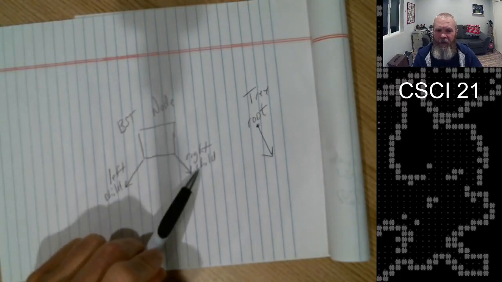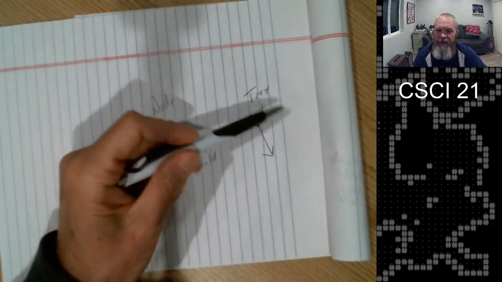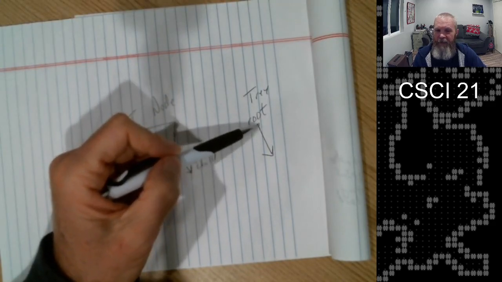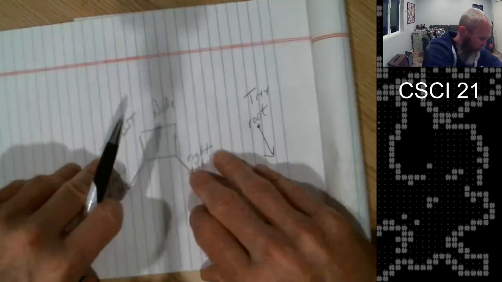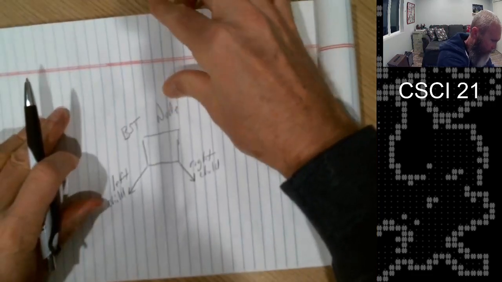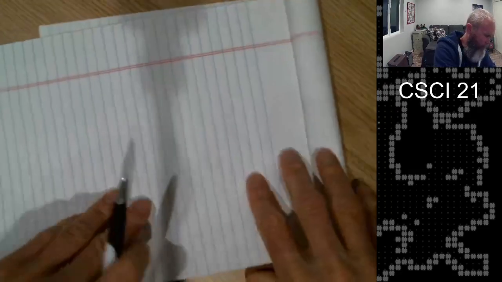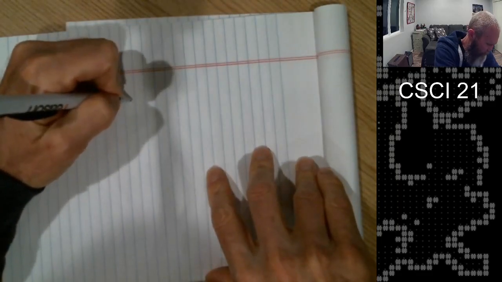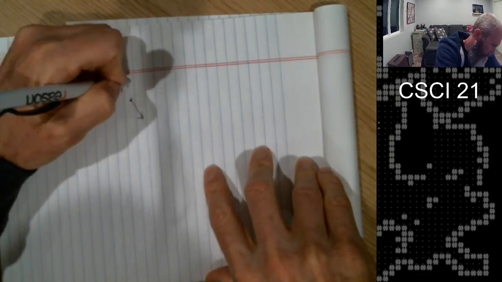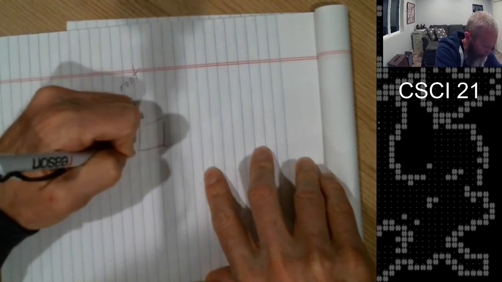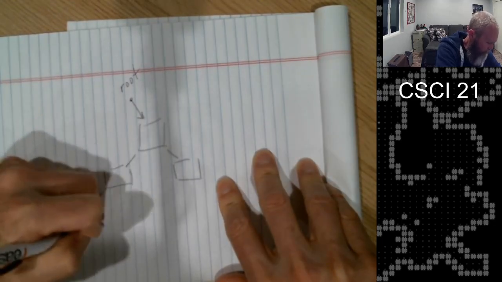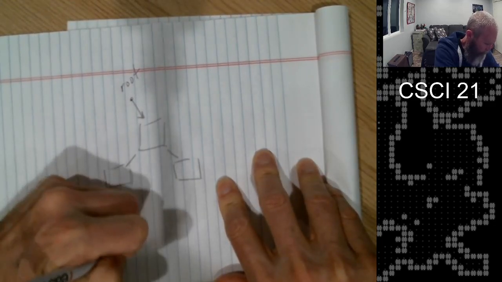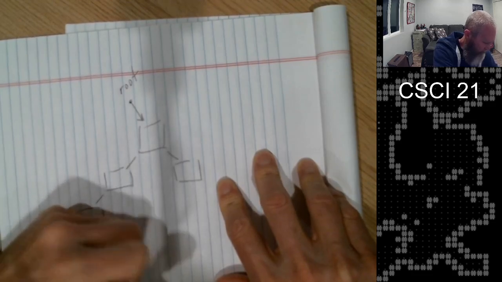So they have a left child and a right child, and then the tree structure itself just keeps track of a single node, which it calls the root of the tree. So I'm going to draw a bigger one here with stuff in it. Okay, so here's a tree that has some stuff in it, just as an example.